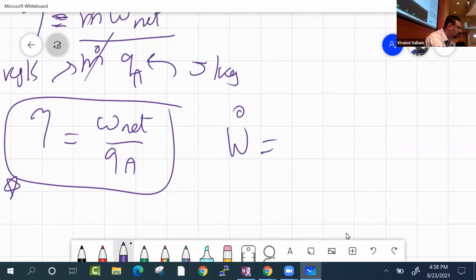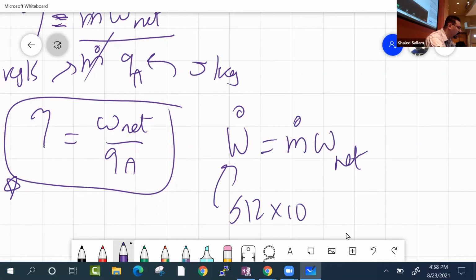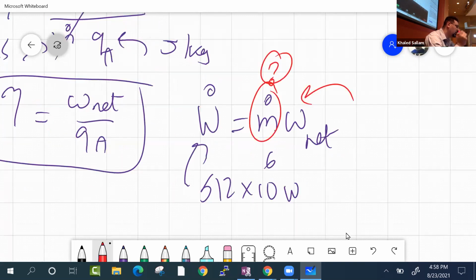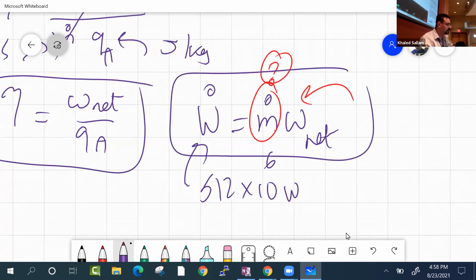If you want this to be 512 megawatt, again, we don't use mega, we use watt, so 10 to the power 6. And he's asking about the M dot. So we get this, then we'll be able to calculate the M dot. Those are the 2 important equations. Make sense? Okay.